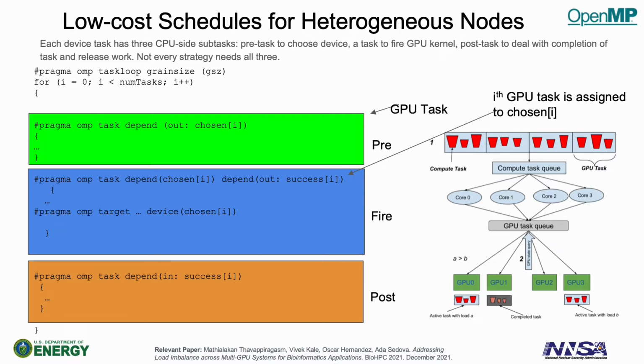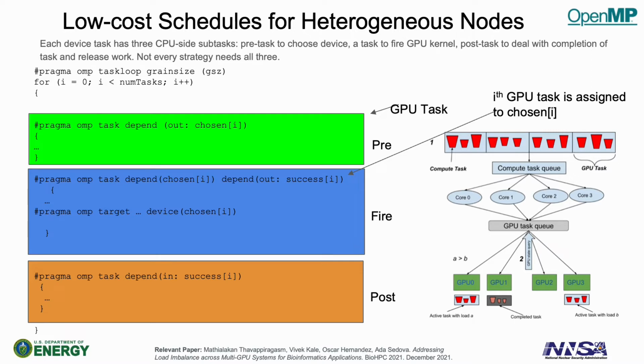And so by doing this, we can also tune the grain size to have more target regions within the taskloop be offloaded all at once to a GPU.